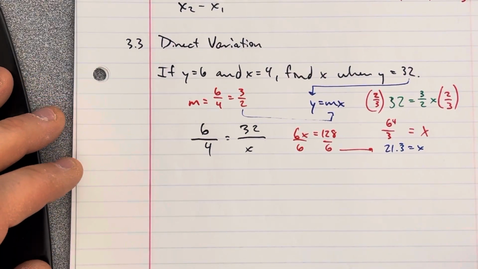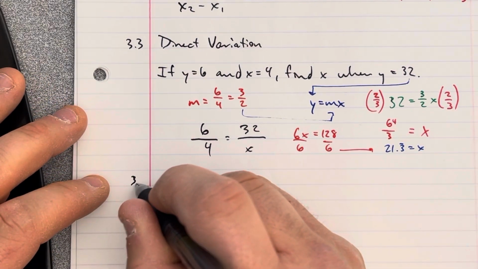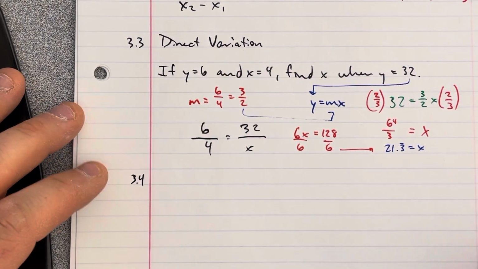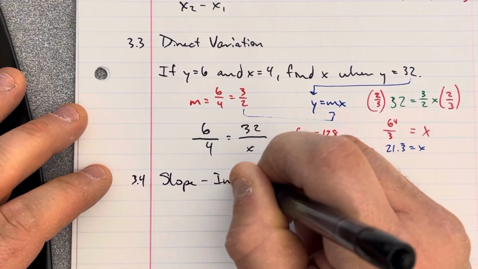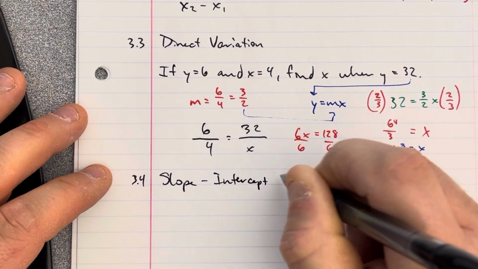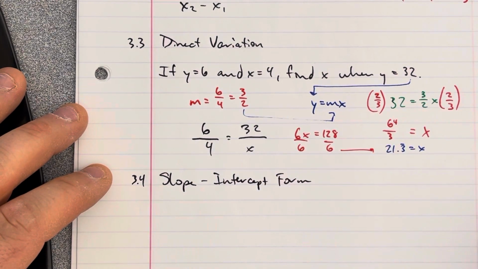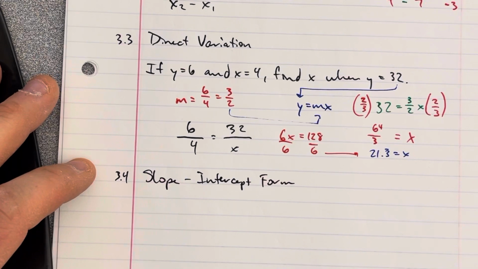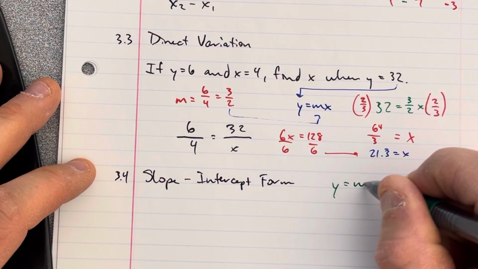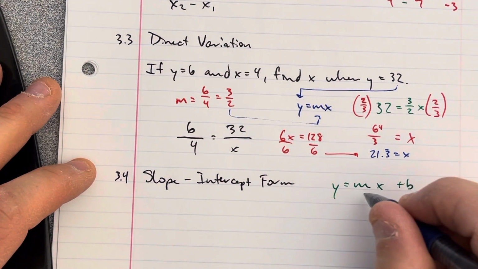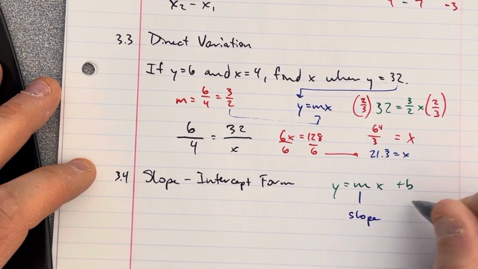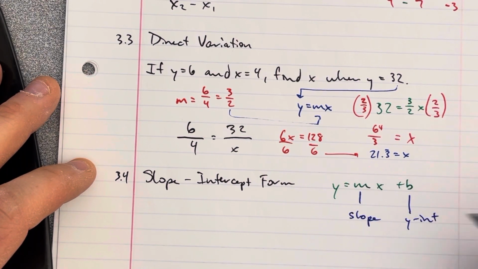The last thing that we looked at is section 3.4, where we start working with slope-intercept form. And slope-intercept form is that formula, y equals mx plus b, where we have m as our slope and b as our y-intercept.